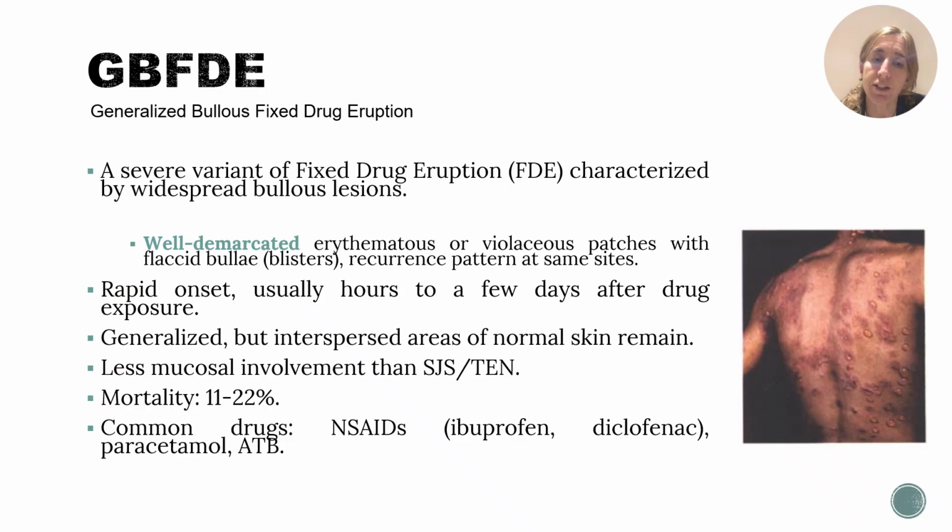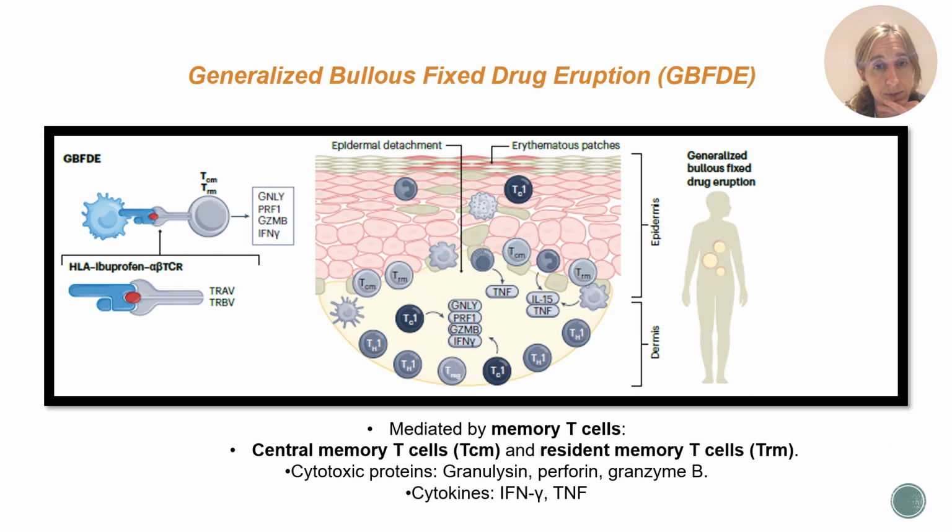It's generalized, but it's important to know that there are still interspersed areas of normal skin that remain intact, and we see less mucosal involvement in generalized bullous fixed drug eruption than in Stevens-Johnson syndrome, and mortality ranges from 11 to 22%. The common drugs involved that have been reported are NSAIDs, with ibuprofen and diclofenac as important ones, but also paracetamol and antibiotics.